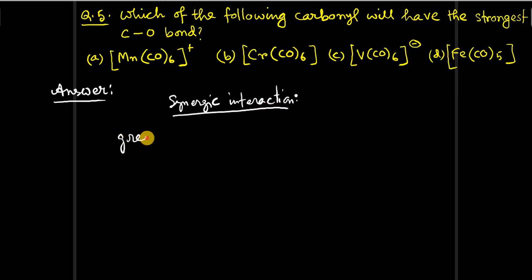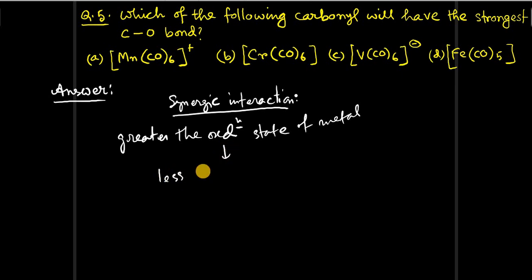Greater the oxidation state of metal, or higher oxidation state of metal, less pi back donation to carbonyl. Now you know in synergic interaction this pi back donation goes to the pi star antibonding molecular orbital of the carbonyl.